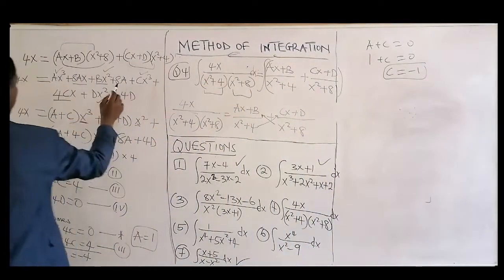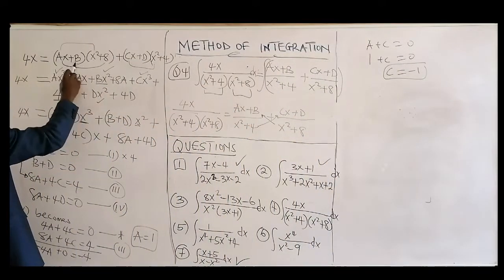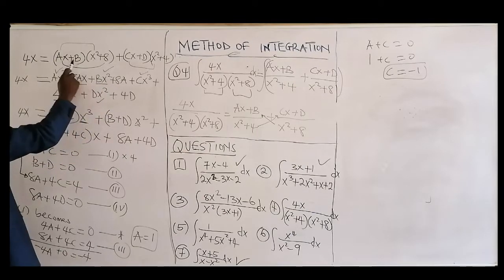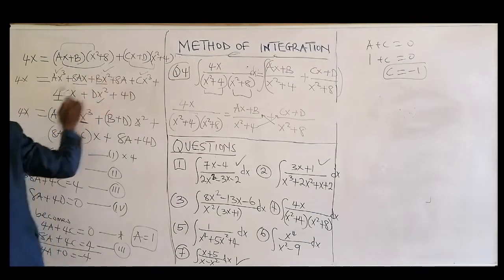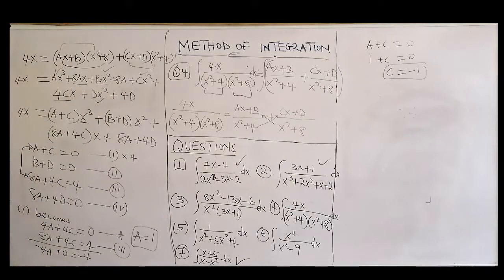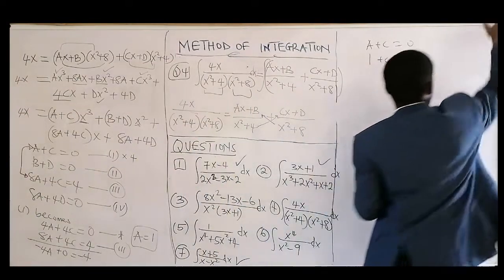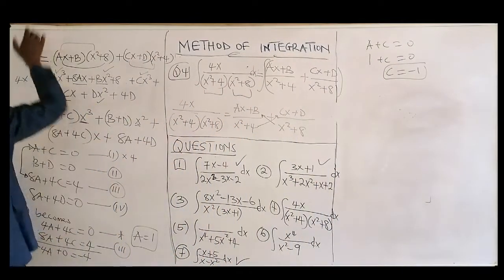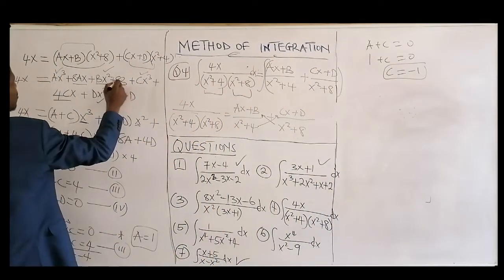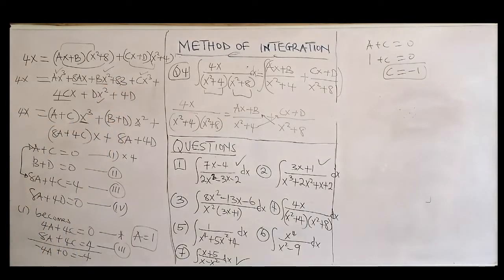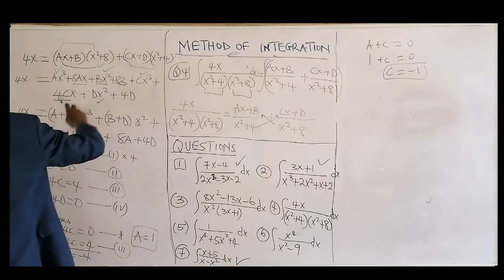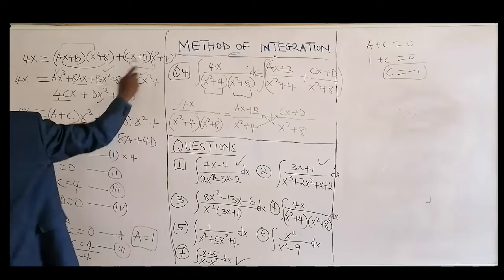Here is b times this one, that's b x squared, and b times 8 is 8b. This is 8b. Then this one times this one for c, then this one times this one for d.